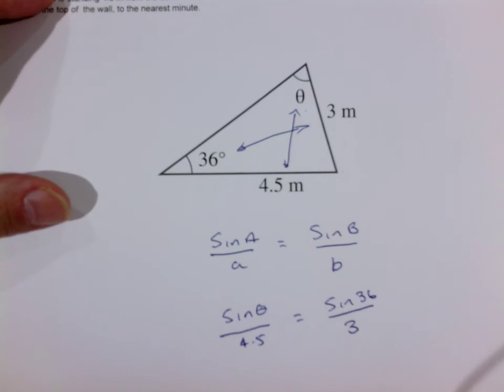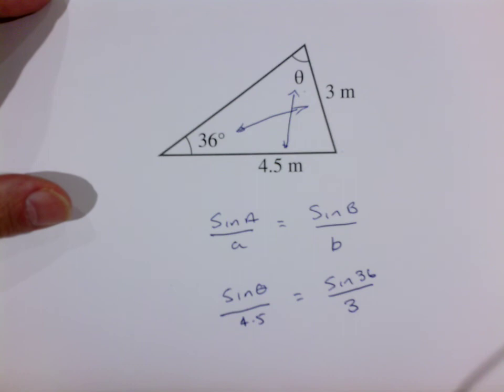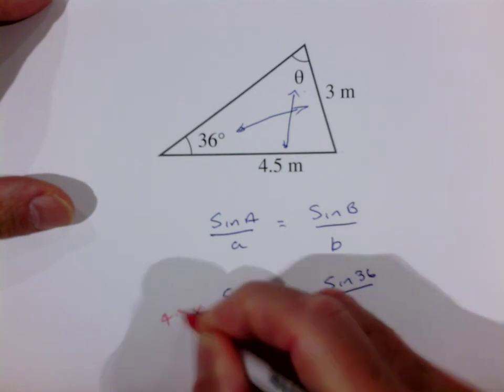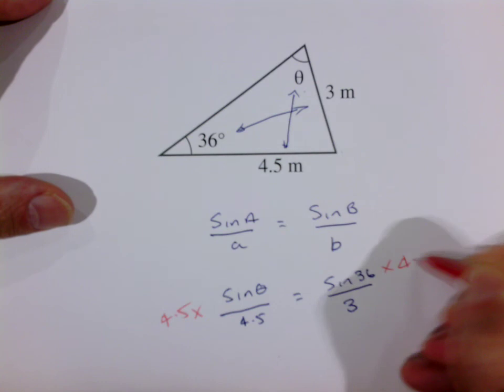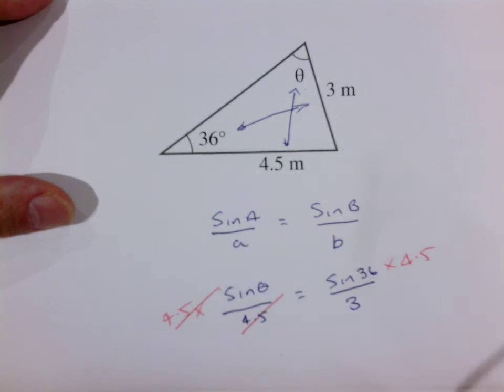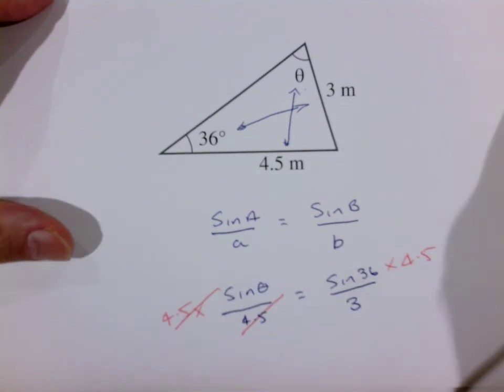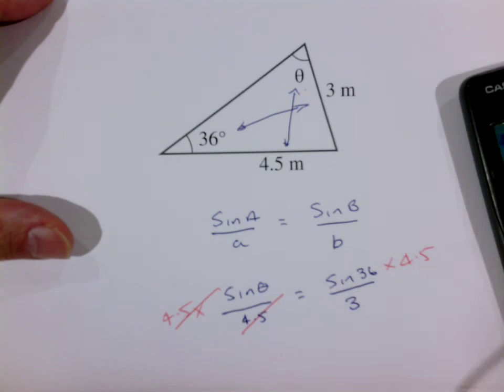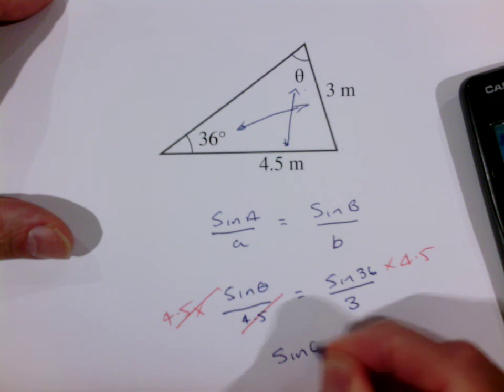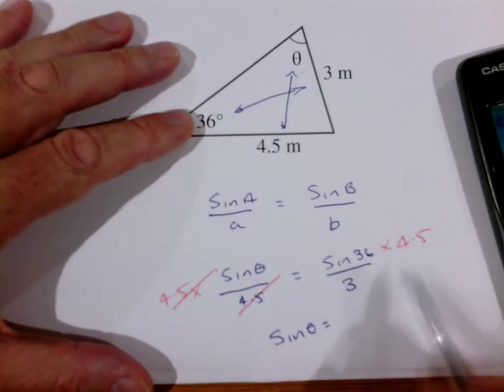Okay, I want to get the sine theta by itself. So get rid of the 4.5. What am I going to do? Times by 4.5, times by 4.5. Cancel, cancel. Now, I'll grab my calculator and I'm going to do this. Now, bear in mind, I've got sine theta here. So it's sine theta equals, let's do this bit over here.